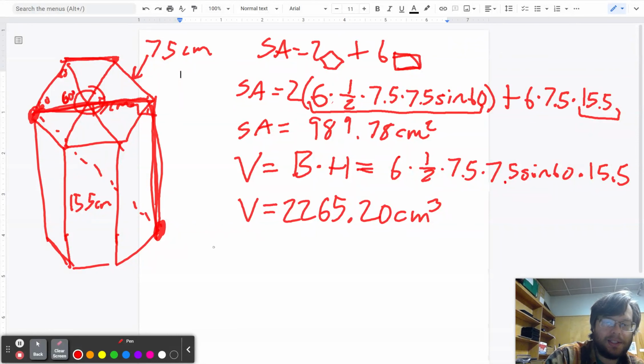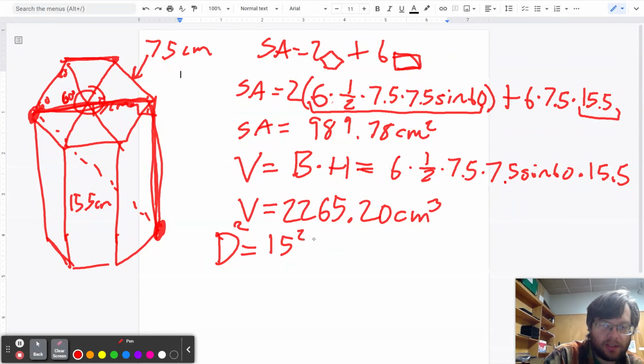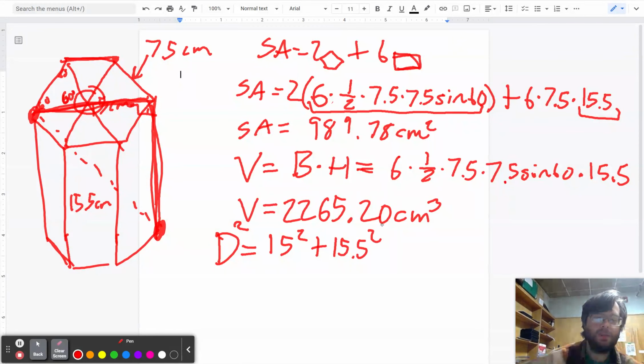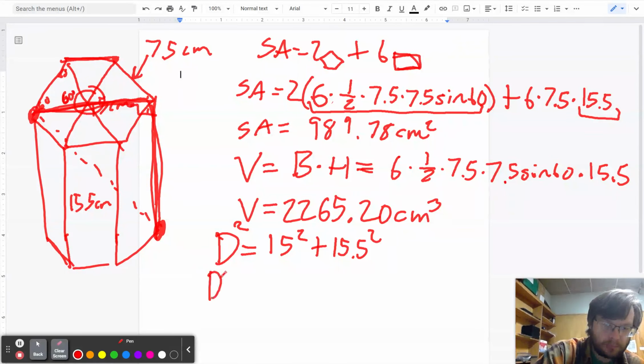And so that diagonal, we'll call it D, is part of a right triangle where the other sides are 15 and 15.5. So D squared, I'm just doing Pythagorean theorem. So 15 squared plus 15.5 squared is 465.25.